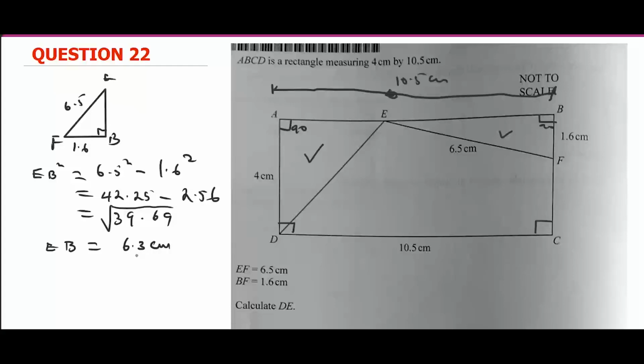Now we can find DE. If EB is equal to 6.3 centimeters, that means we can find AE by subtracting 6.3 centimeters from 10.5 centimeters. So AE will be 4.2. This place will be 4.2.